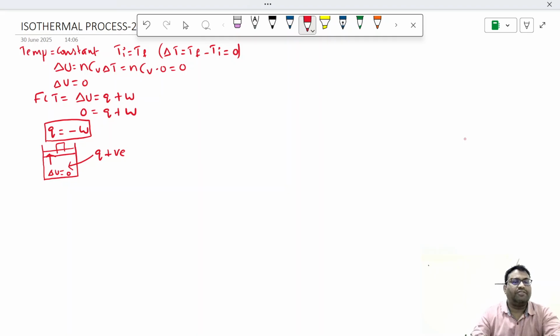Another way we can write it: Q is equal to minus W can be written as minus Q is equal to W. The same expression can be written this way, with the minus coming to this side. Now Q is negative and work done is positive.